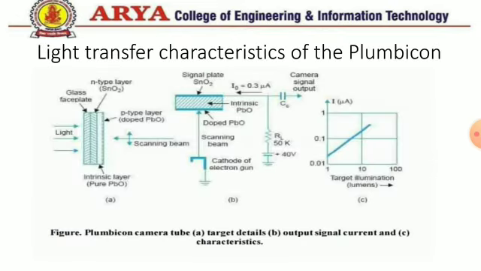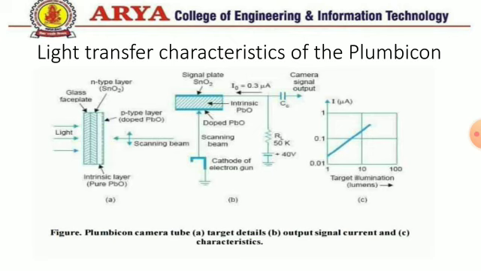So see, light transfer characteristics. I have told that in light transfer characteristics, on the x-axis there will be luminance, and on the y-axis there is output current, in terms of microamperes. We have seen this for the case of Vidicon too. The slope of the line in this characteristic explains sensitivity.